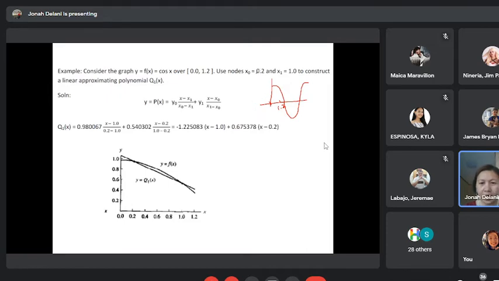Use nodes x equals 0.2 and x equals 1 to construct a linear approximating polynomial q of x. So we have a function cosine x, and we make a linear approximation for that. We make an equation that would approximate the curve f equals cosine x, using the nodes x equal to 0.2 and 1.